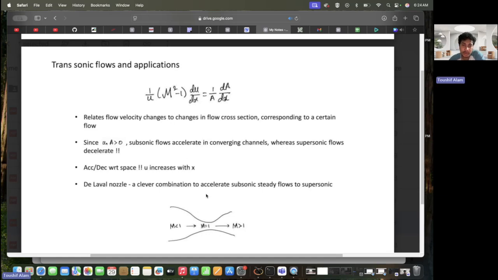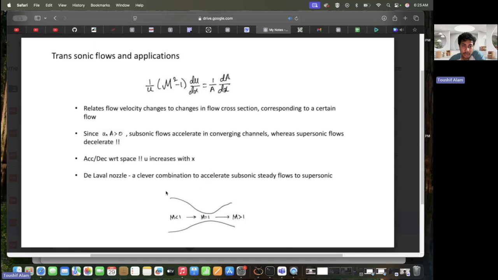At some point M will be 1; there will be a transonic point. Then u increases with x, so M will be greater than 1. Now if M is greater than 1, this side is positive, so area is increasing again. This is called a de Laval nozzle, a clever combination to accelerate subsonic steady flow to supersonic.